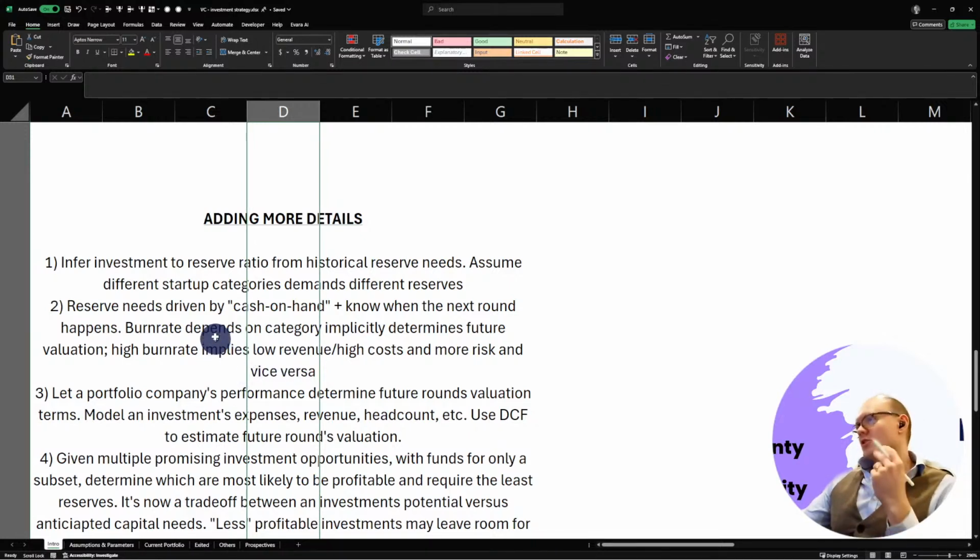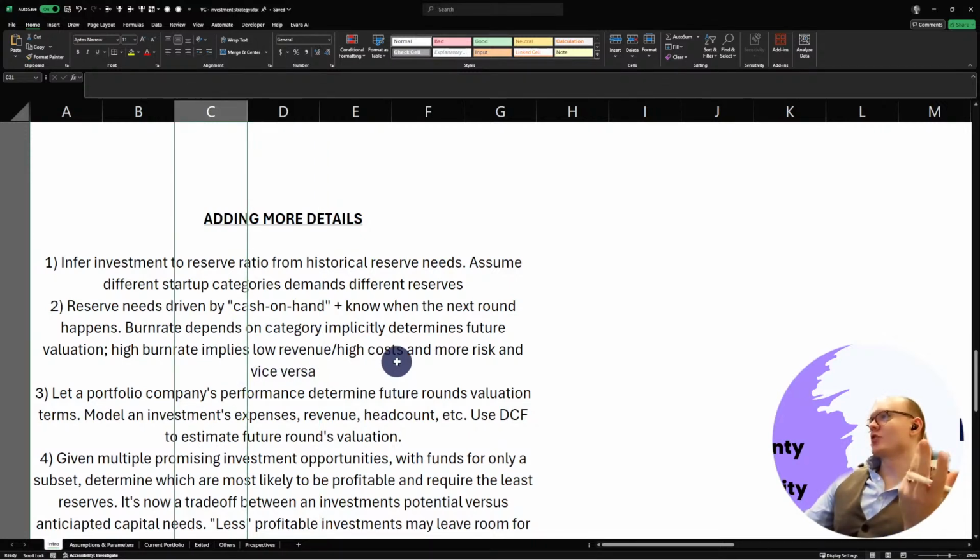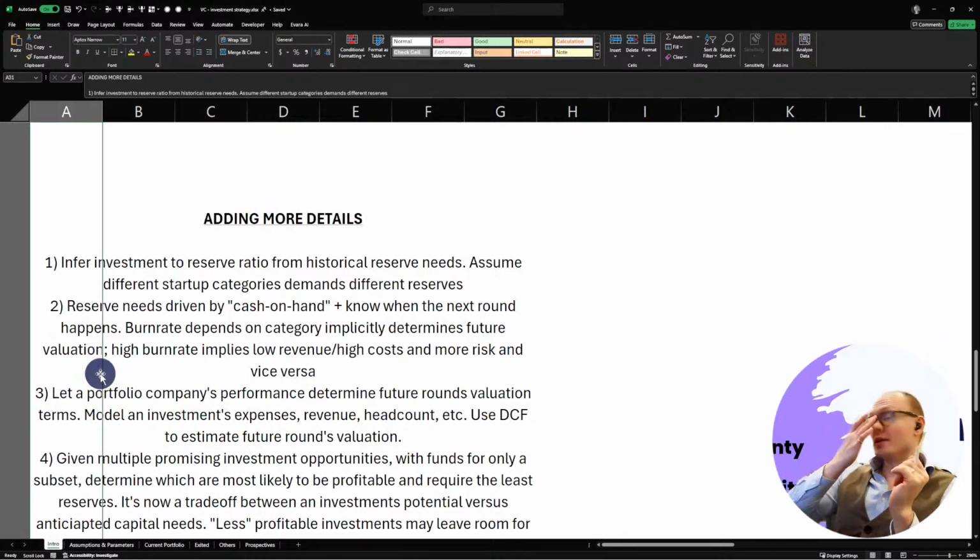So we might consider that the burn rate could depend again on the category, and it would implicitly determine future valuations. So now we can use this as well to make assessments into which category is better than others. And before we think, oh, if one category is expected to generate the most return, a way you would make a strategy decision today is you would obviously put all your money into that one basket.